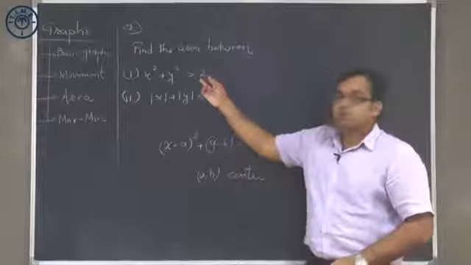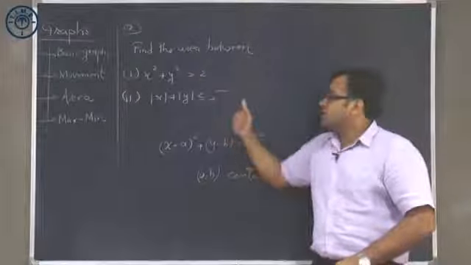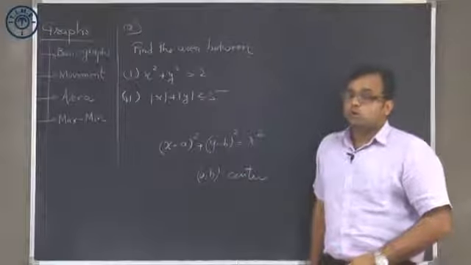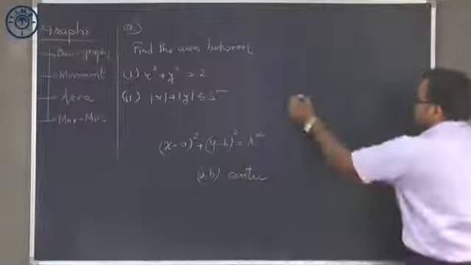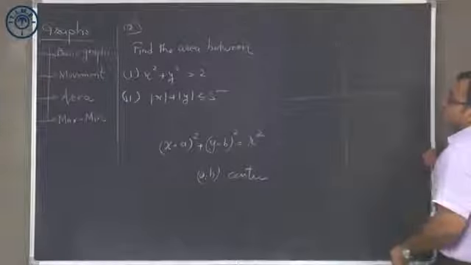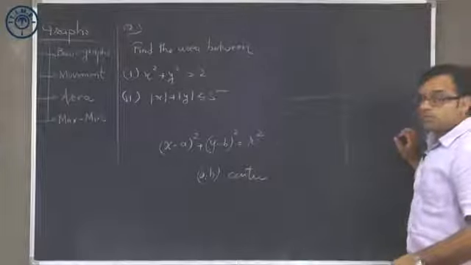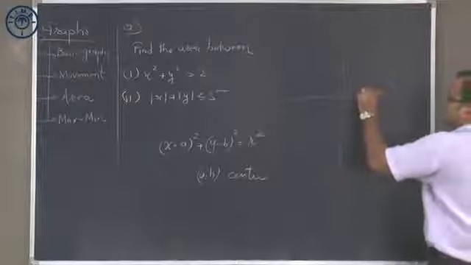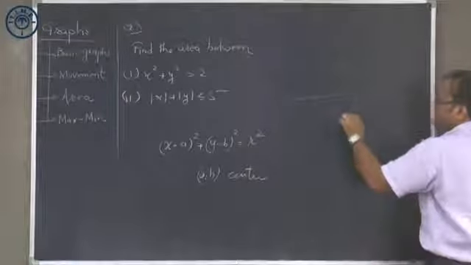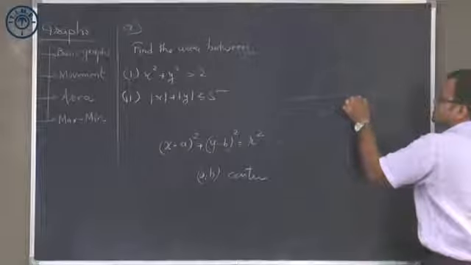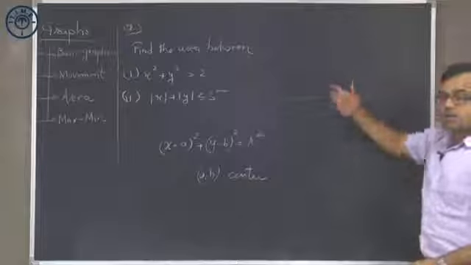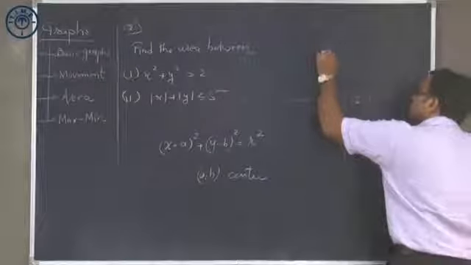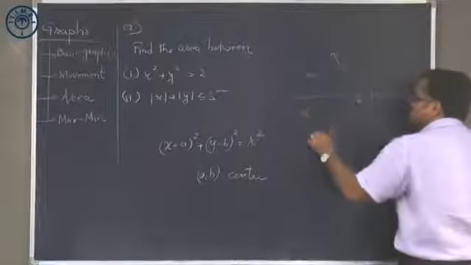RHS is r square, so r square equals 2. That means that the radius of this circle will be equal to root 2. If this is known, then we can say that the graph of x square plus y square is greater than 2 will be something like this, where this distance is equal to root 2. Because I am looking for greater than 2, that means that I am looking for area that is outside the circle.